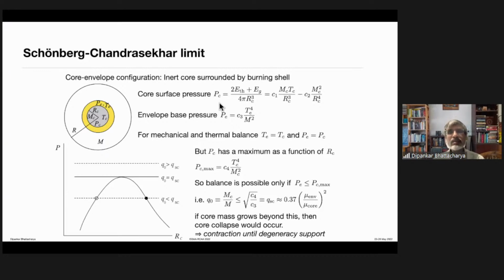You remember the virial theorem told us that 4 pi r cubed P at r is equal to the sum of twice the thermal energy and the gravitational energy in the interior of r. So we can apply that here. Here we can put 4 pi Rc cubed times Pc is equal to twice E thermal plus E gravitational in the core.